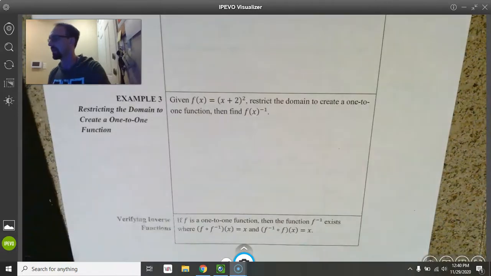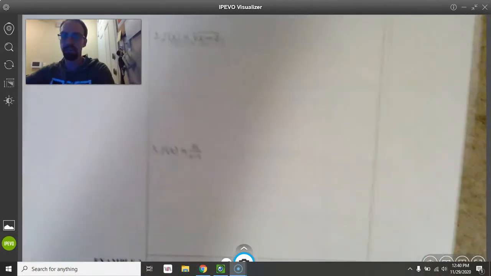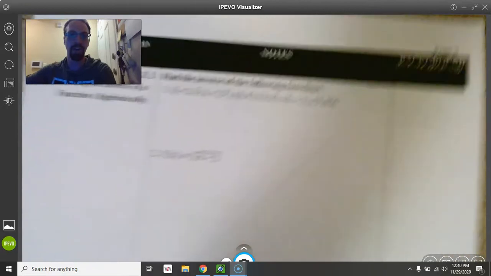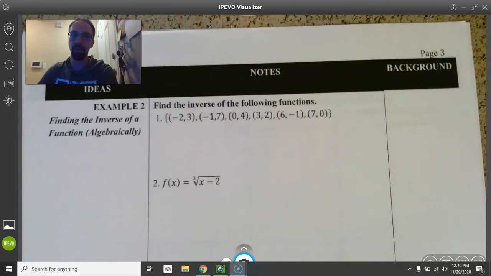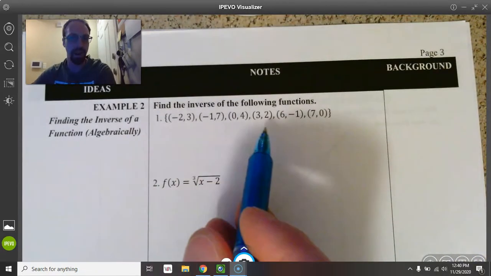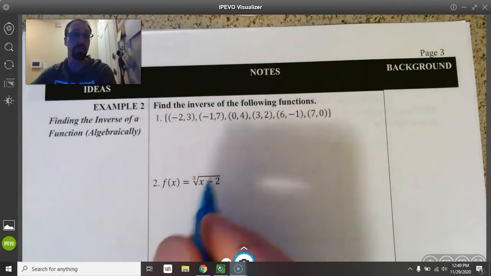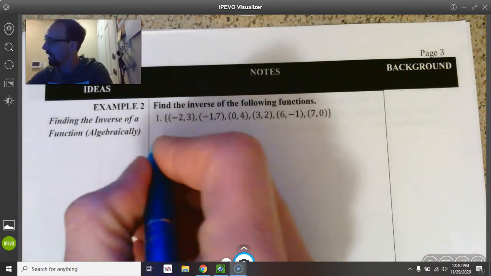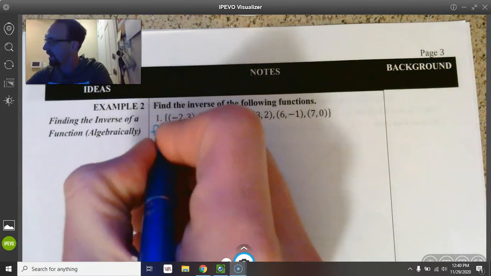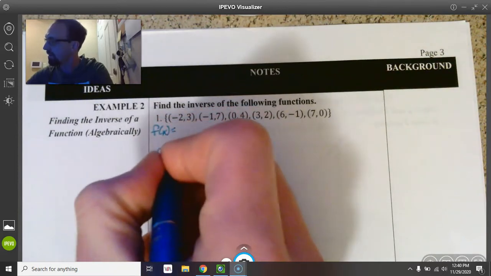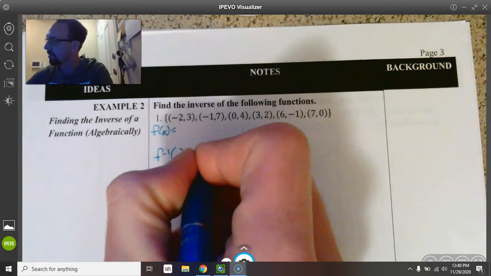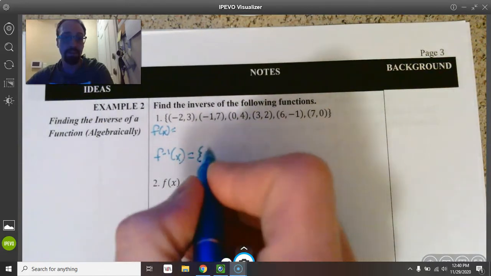So let's do an example of that. Example 2 says find the inverse. When we have just an ordered pair, to find the inverse of this, we just swap the values. So this is f of x. So f inverse of x is equal to, we just swap each of the values.